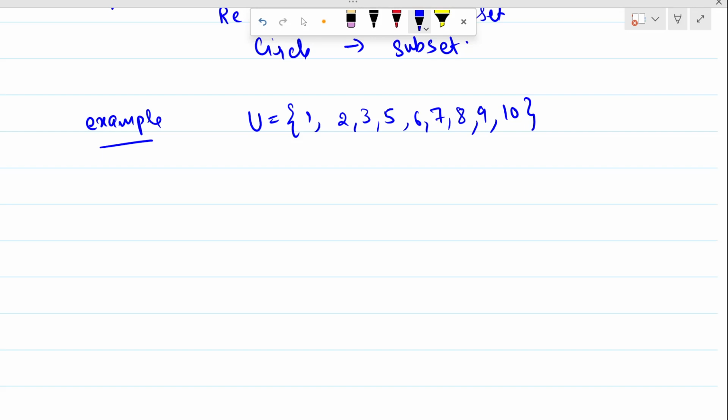So the universal set contains 10 natural numbers, and we have a set A which contains the even natural numbers up to 10: 2, 4, 6, 8 and 10. If we draw the diagram, then we have this.